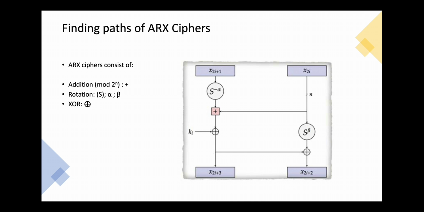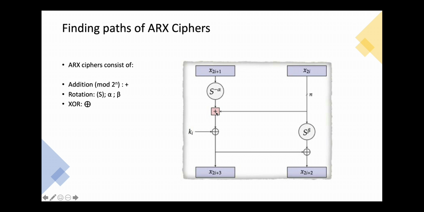Now here we talk about the ARX cipher that provides lightweight encryption because they use very simple operations such as addition, rotation, and XOR. So these operations are lighter than substitution boxes in terms of memory and power, and therefore suitable for IoT devices. Now here the nonlinear component is this addition modulo.